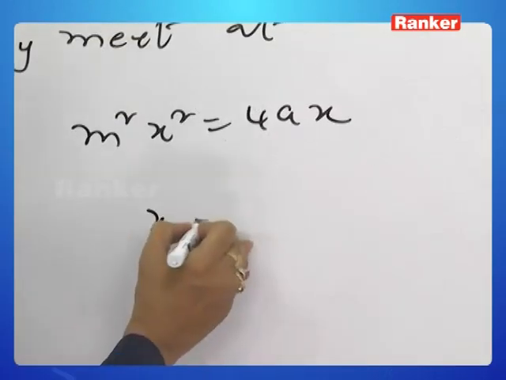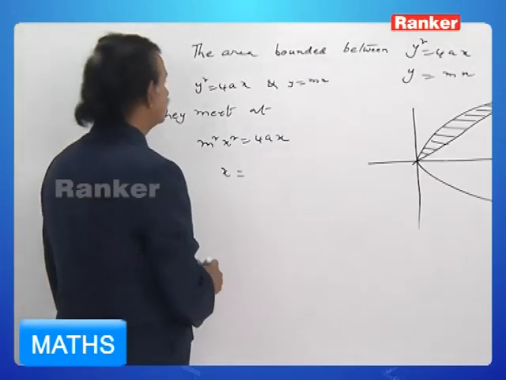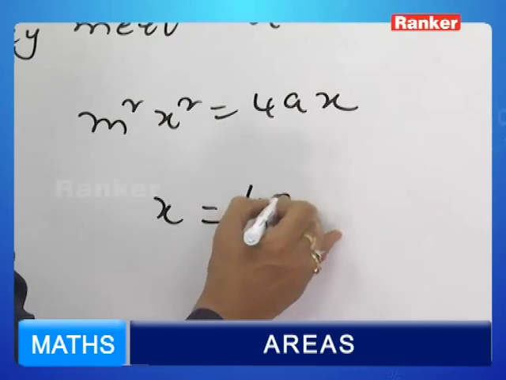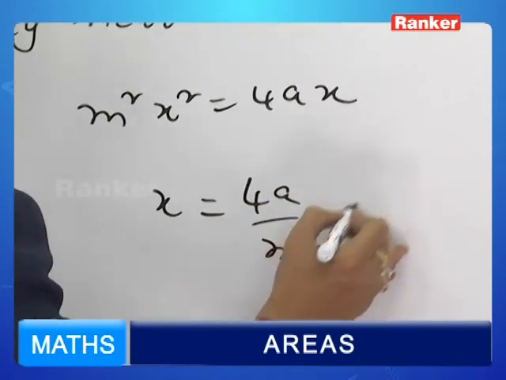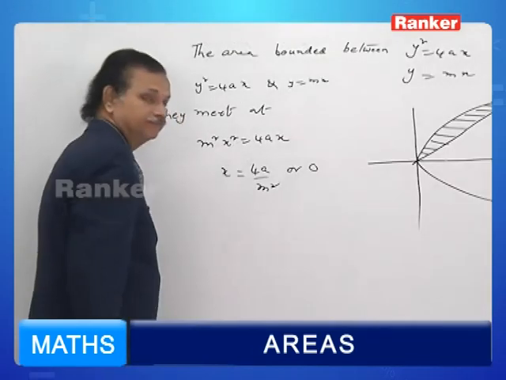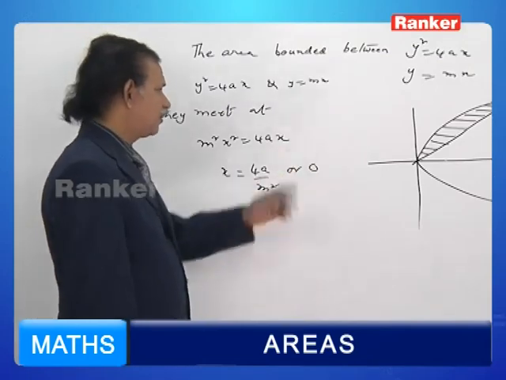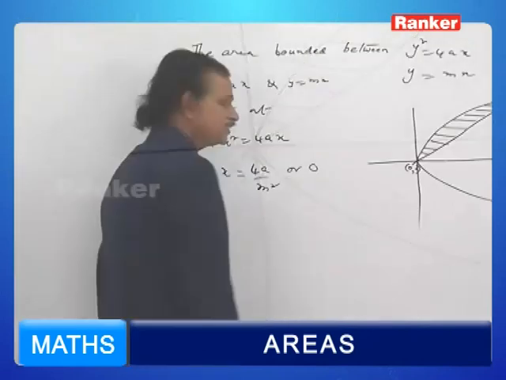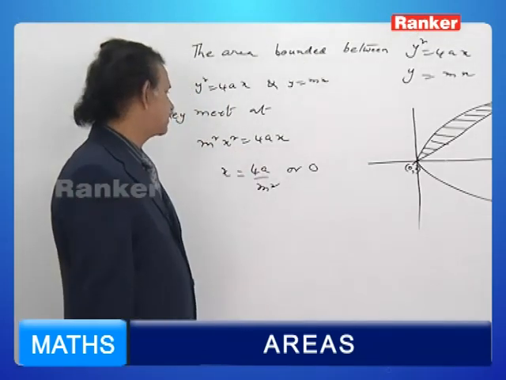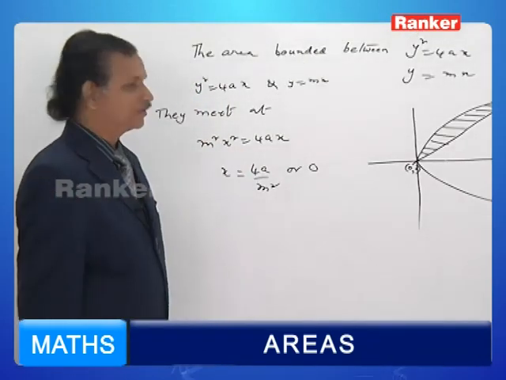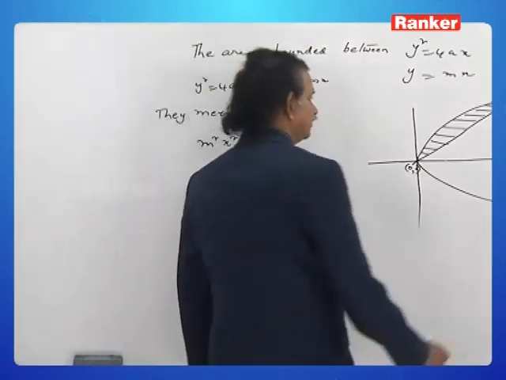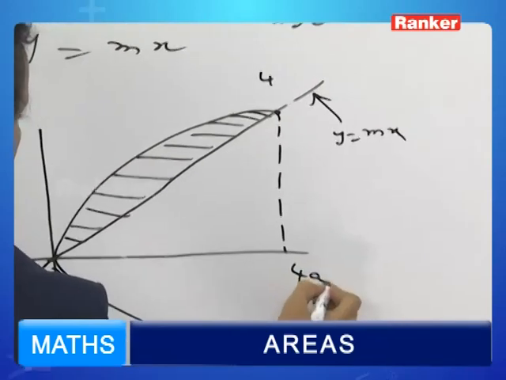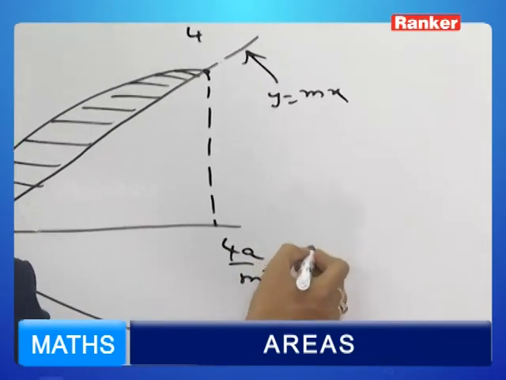M square x square is equal to 4ax, x is equal to 4a by m square, or 0. If x is 0, no problem, the point of intersection is 0, 0. If x is not 0, x can be cancelled, so that x is 4a by m square. Good. We could have noted this point, x value is 4a by m square.